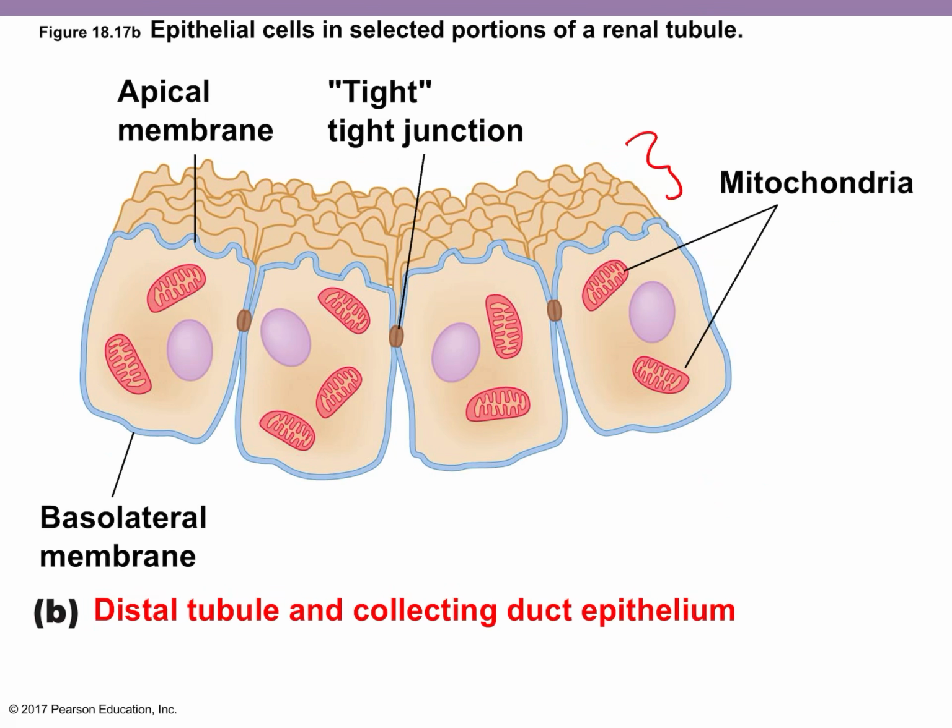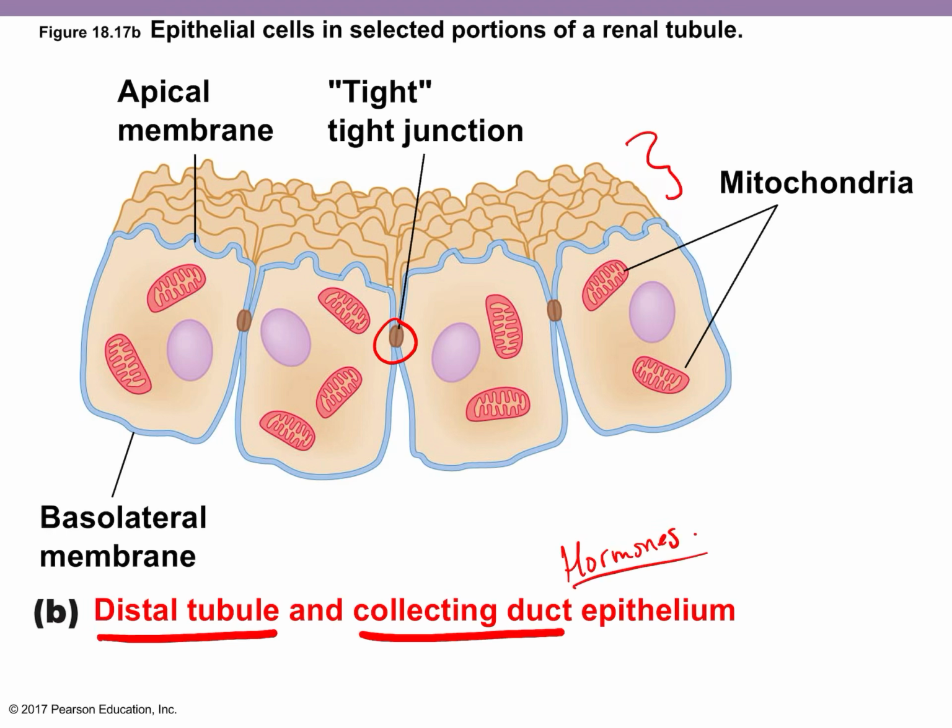On the distal convoluted tubule and the collecting duct, it's not so much, right? Most of our microvilli are gone. There are some cells that might have a little bit shorter ones. The tight junctions are actually tight, and there's not as much mitochondria. It turns out that the transport mechanisms in the distal convoluted tubule, DCT, and collecting duct are more regulated.